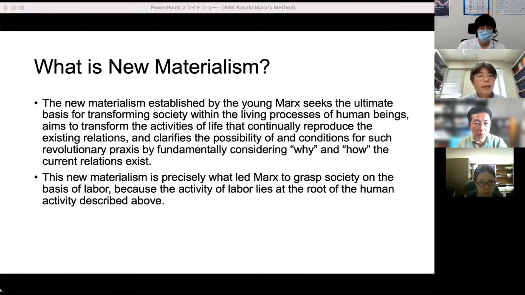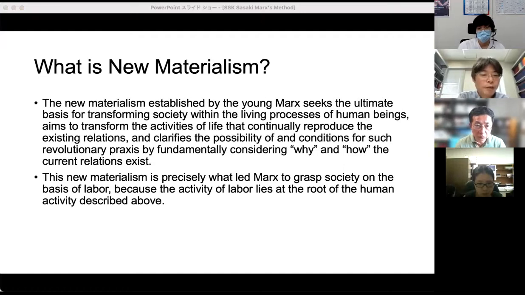In sum, the new materialism seeks the ultimate basis for transforming society in the living process of human beings, aims to transform the activities of life that continually reproduce the existing relations, and clarifies the possibility of and the condition for such revolutionary praxis by fundamentally considering why and how the current relations exist.